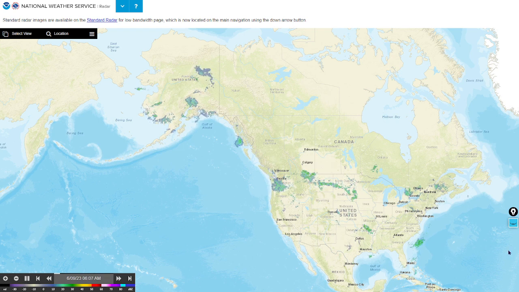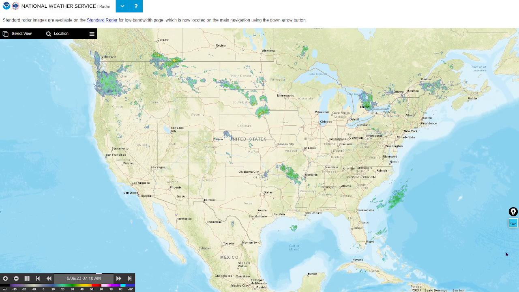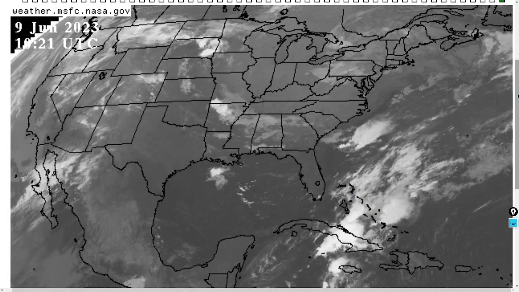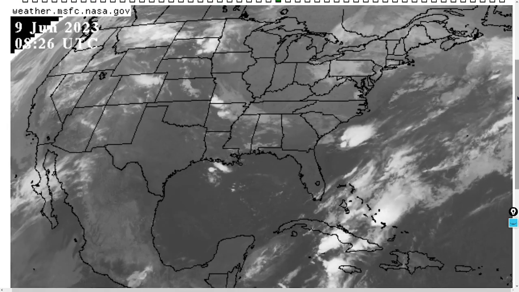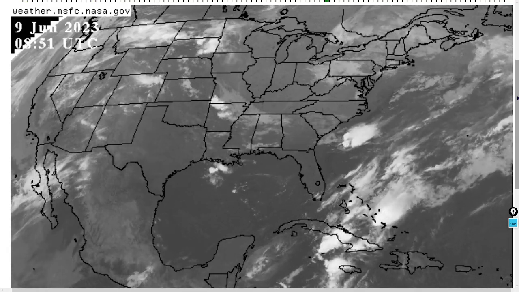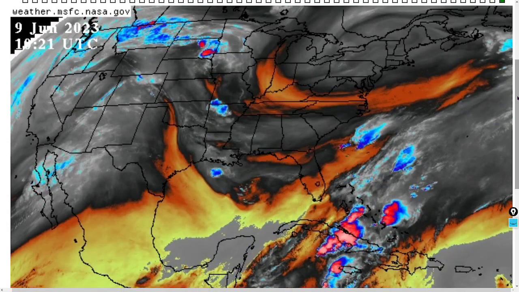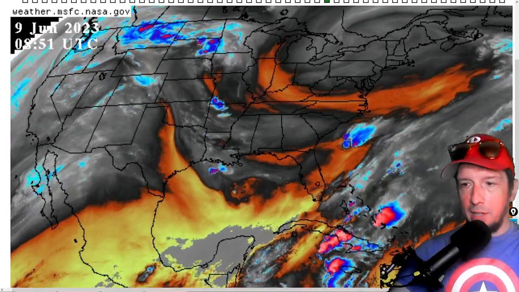We're going to close out our Space and Earth Weather Together video with U.S. Doppler radar for the lower 48. Clouds and fog, depicted by the 3.9 micrometer radiation map, part of the NASA GOES Interactive Weather Satellite Suite. And here's the water vapor map, and this is what I wanted to highlight here.